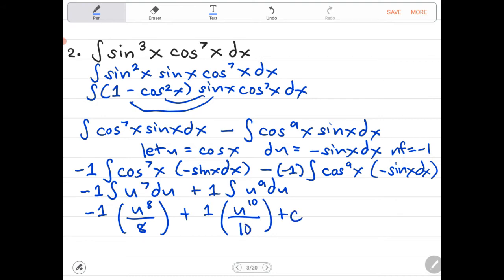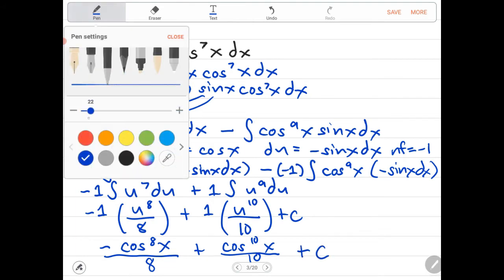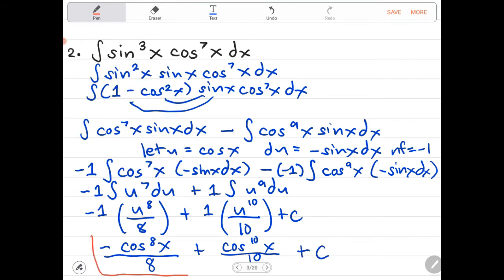So for our final answer, substitute the original value of u, which is cosine. Then negative cosine raised to 8x over 8 plus cosine raised to 10x over 10 plus c. So now this will be our answer for number 2.